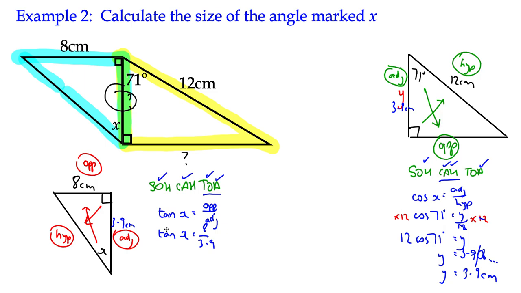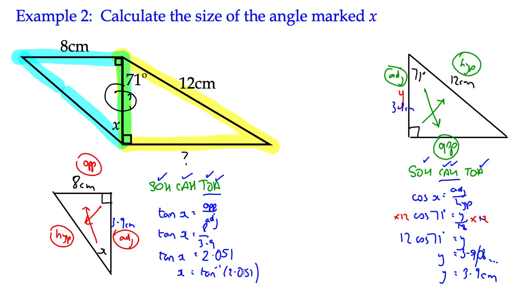8 divided by 3.9 on my calculator is 2.05. Now remember, it's a trig ratio, so we need to do it to at least 3 decimal places. 2.051. Okay, x is the inverse tan. That's your wee shift tan.